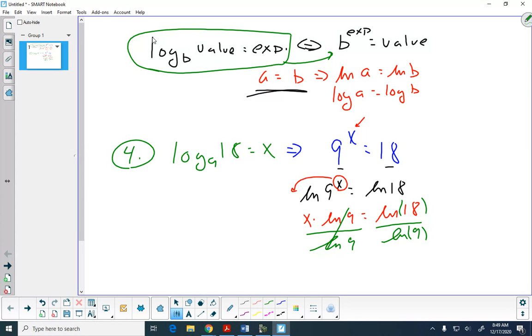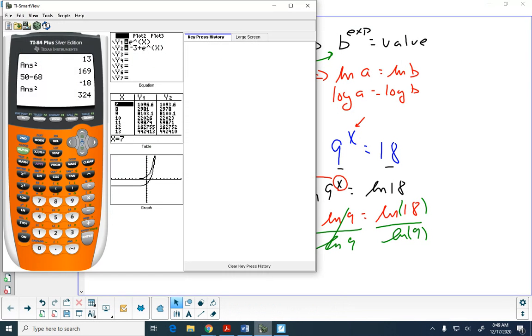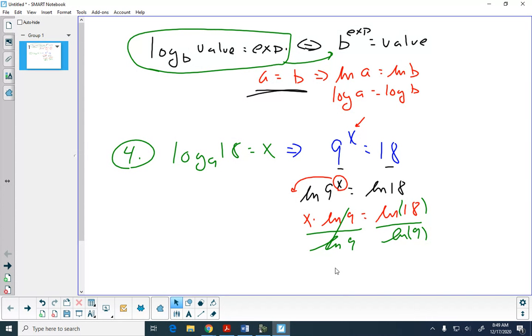So in our calculator, we can go ln 18, close my parenthesis, divided by ln of 9, close my parenthesis. And once again, go to 3 decimal places here with your answer. So we have 1.315. Now, how you can check this is in your calculator.